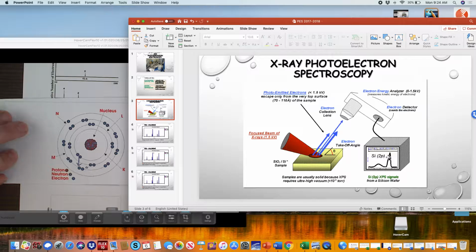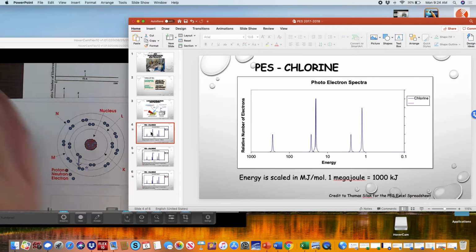So what does this mean for this chart that shows up here? Well, as we remove electrons, we're going to see more and more of them removed at a higher energy the closer they are.